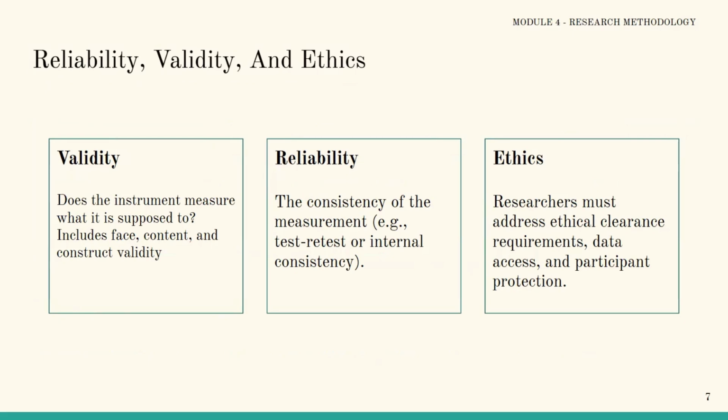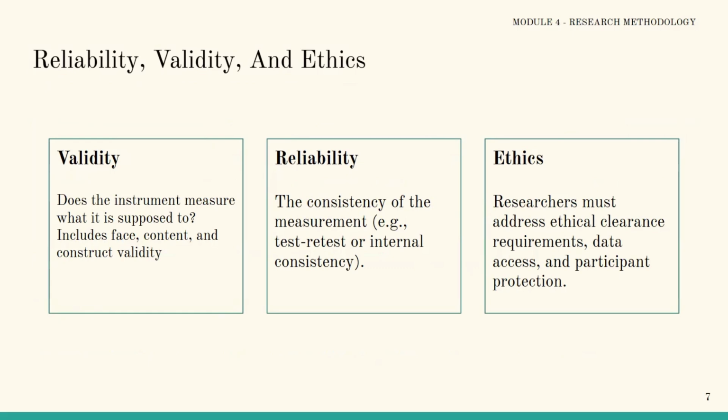A good research study must satisfy three important requirements, which should be reflected in their methodology. So the first one is validity. So it means the research measures exactly what it intended to measure.